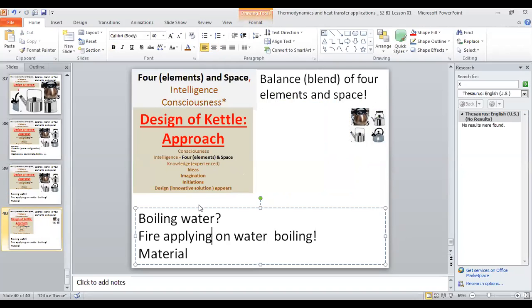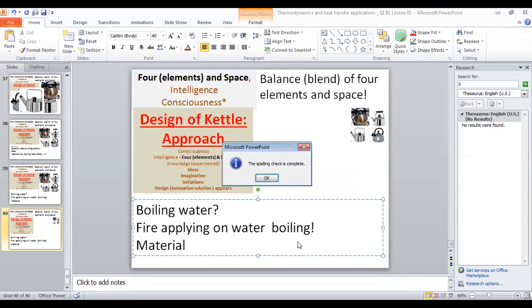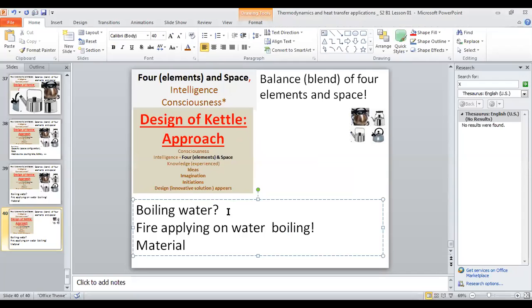Okay, Bhutan. Good. So, boiling water. In boiling water, you should understand the meaning of boiling water.